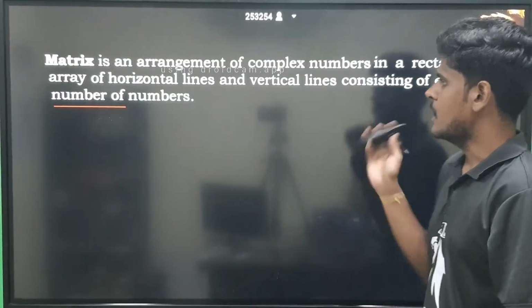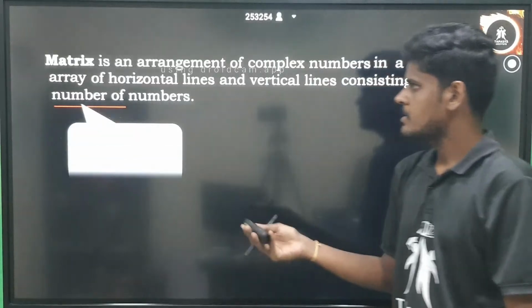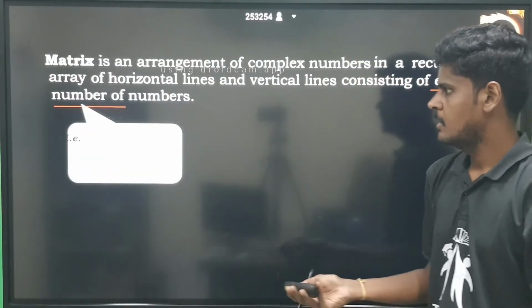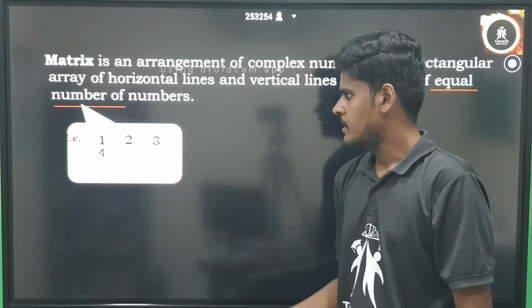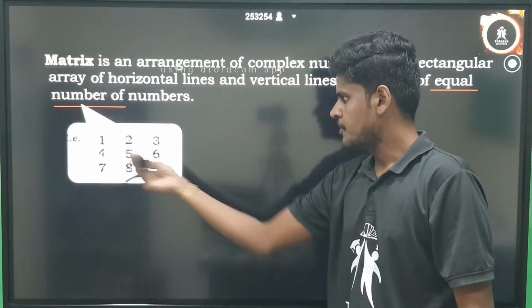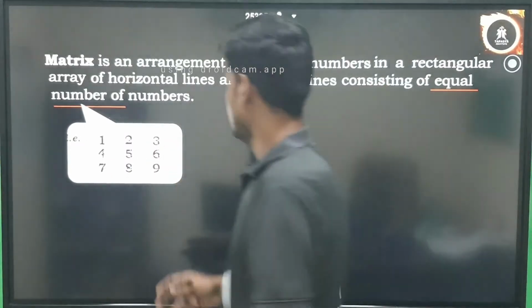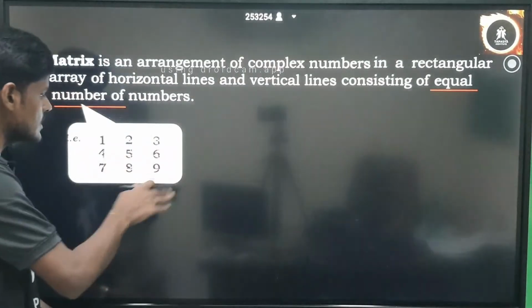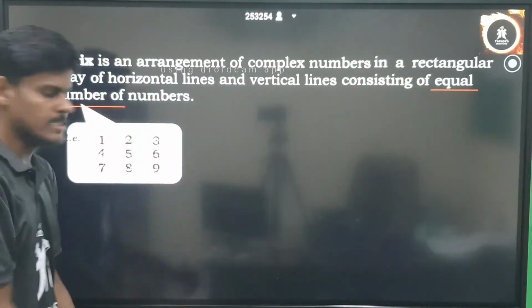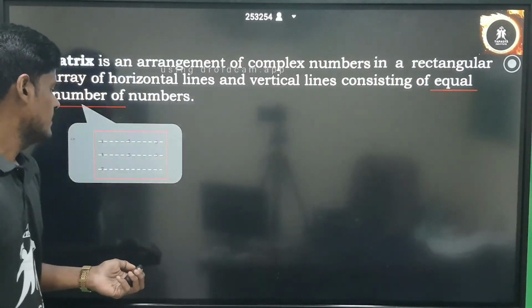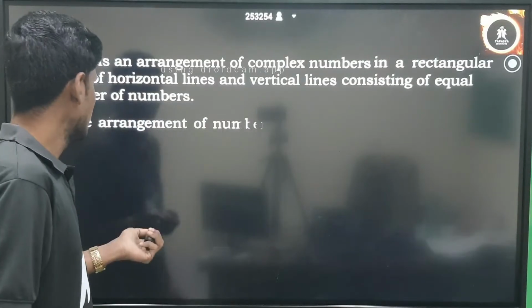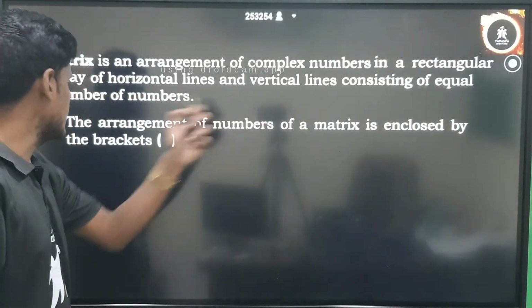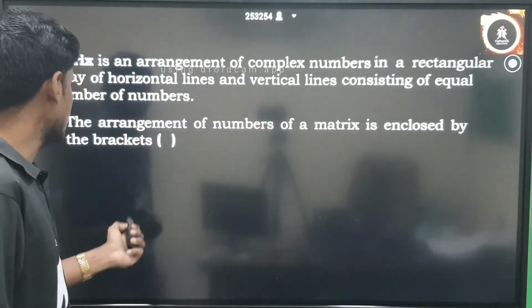So this consists of an equal number of numbers. For example, 1, 2, 3, 4, 5, 7. What does this mean? We have here 3 horizontal lines, that is 3 rows, and 3 vertical lines, that is 3 columns. The arrangement of numbers in the matrix is enclosed by a bracket.